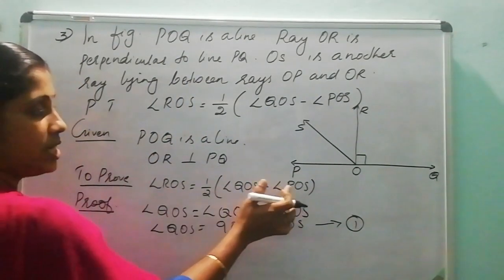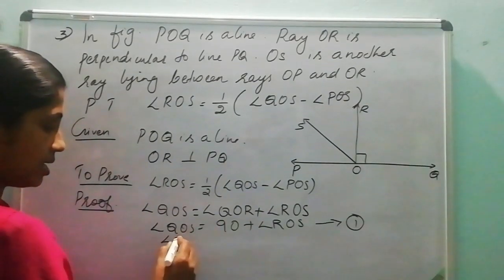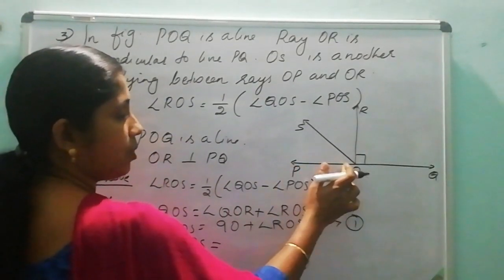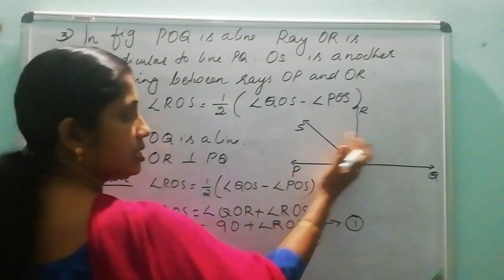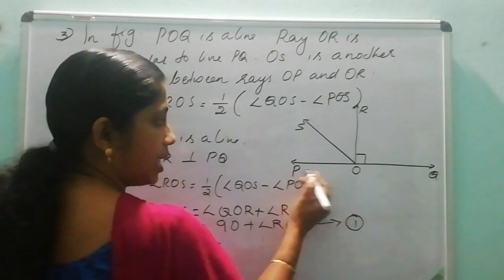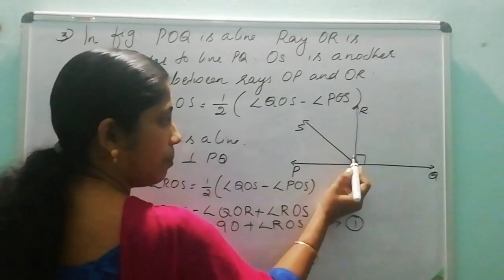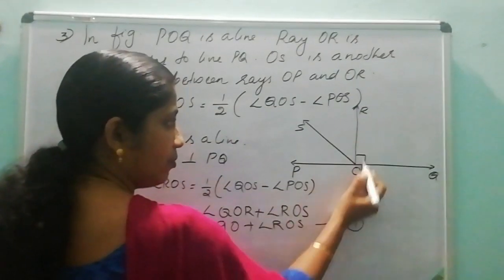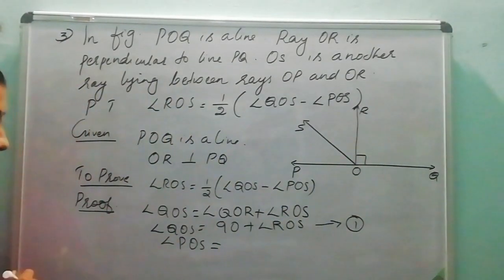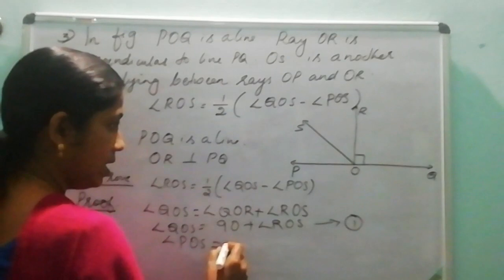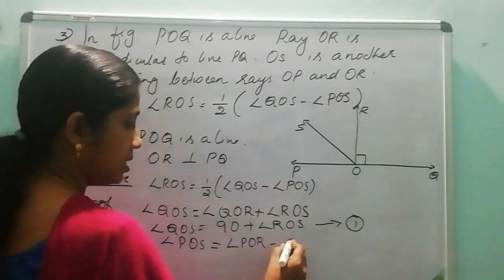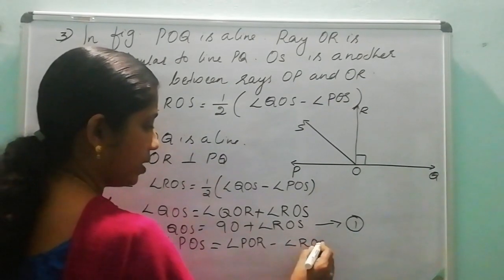Then next one is POS. What is angle POS? Look here, angle POS is angle POR minus this angle ROS. From this angle, if we subtract ROS, we will get angle POS. So angle POS is equal to angle POR minus angle ROS.